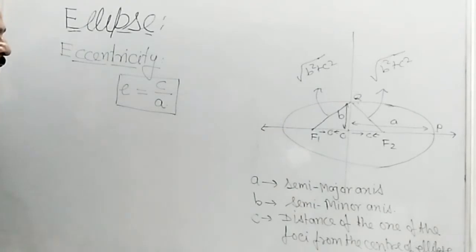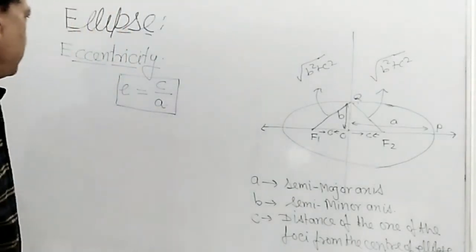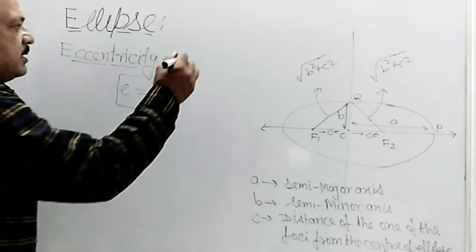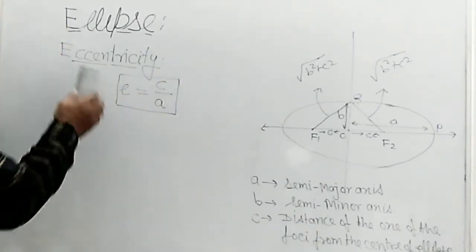Now let us see the standard equation of the ellipse. So here we can write the standard equation of the ellipse. This is the eccentricity, e equal to c by a.